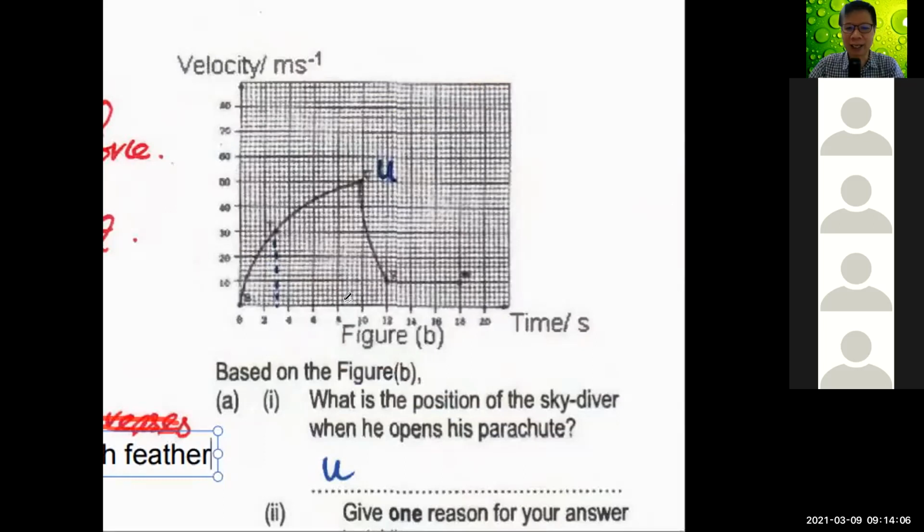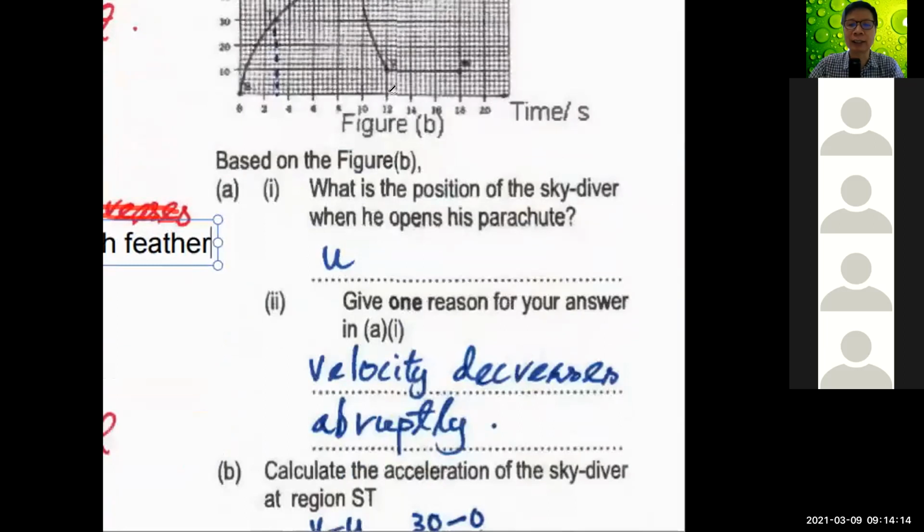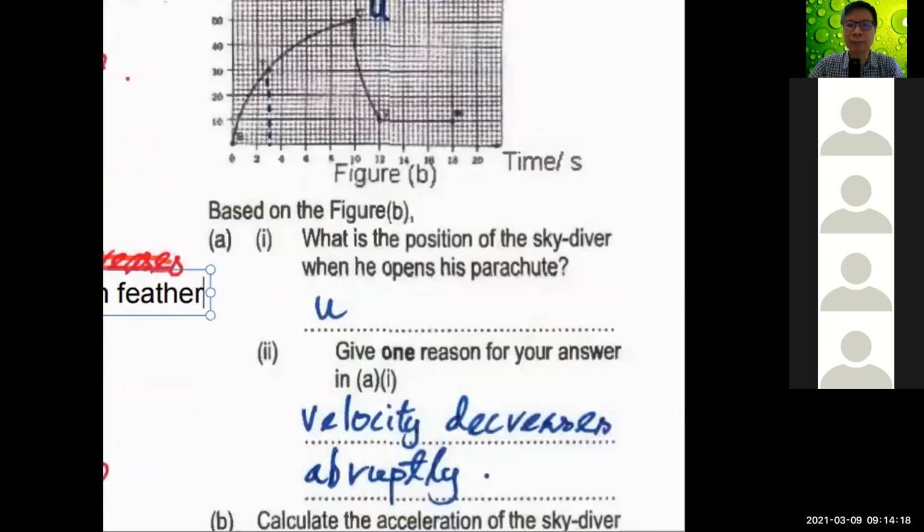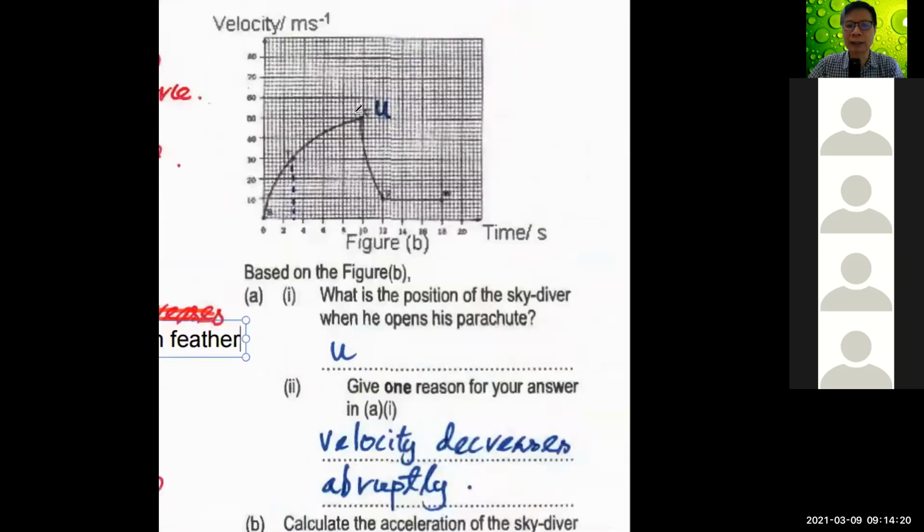Yes, correct. That is the point where the velocity of the boy started to decline, started to decrease, right? So the answer is velocity decreases abruptly at this point. Suddenly the velocity decreases, right? So we say it's a point where the velocity decreases abruptly. So this is the place where the parachute opens. Okay, next.